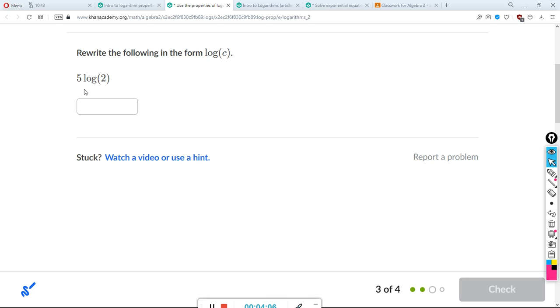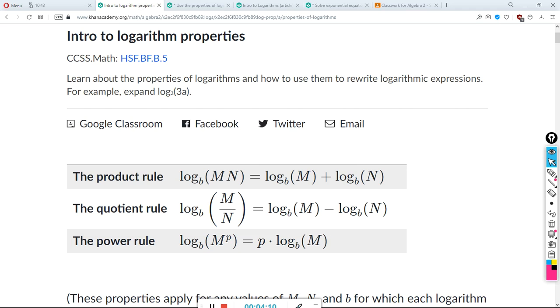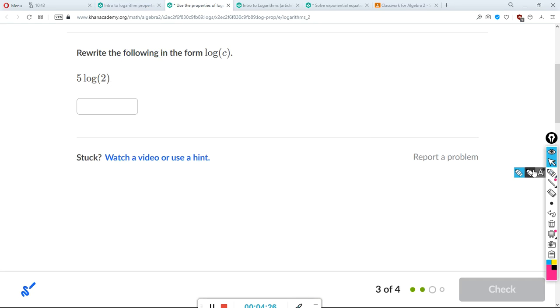Alright, here we have 5 log of 2. Notice the 5 is out front. Here we have the p out front, but here the p is in the exponent. So we can just take this p and move it as the exponent for the letter m. Same thing on this problem here. We can just take this 5 and move it as the exponent on the 2.